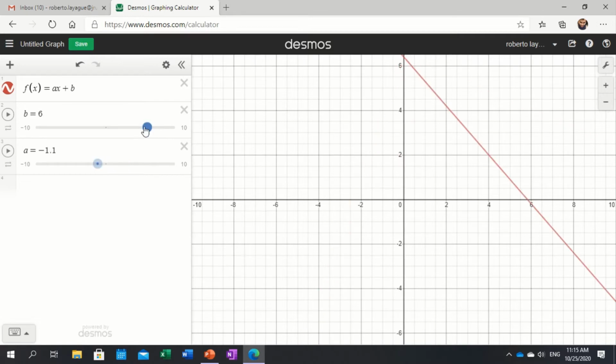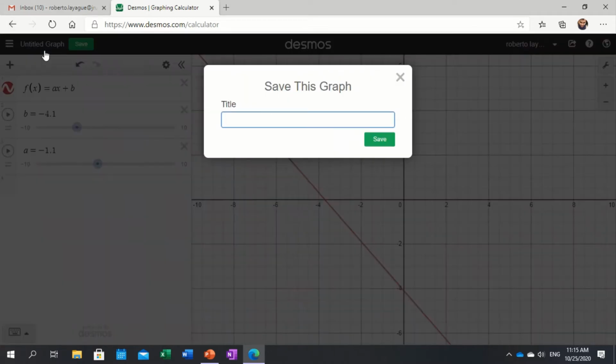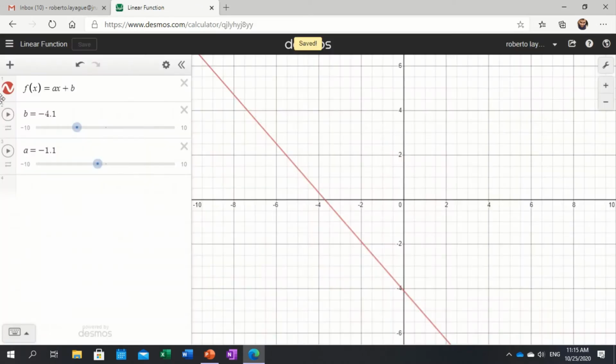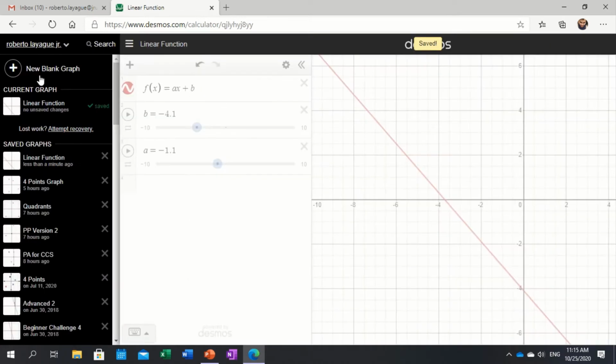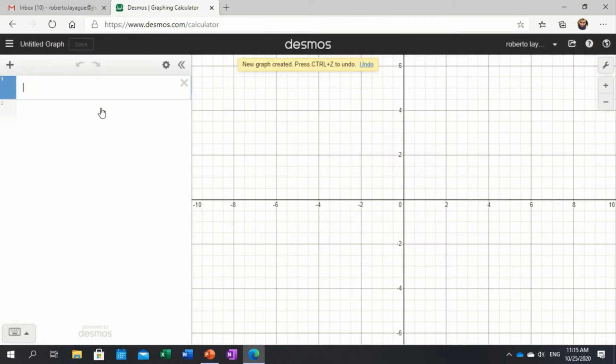Now, if you have a definite one, okay, let's have another one. So let me just save this linear function. So how about if it's definite? I make a new graph so that you would see.